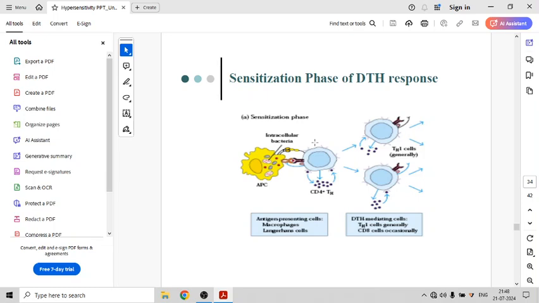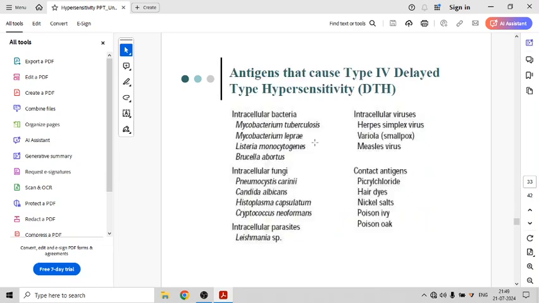The delayed type hypersensitivity reaction is also shown against intracellular pathogens. The intracellular pathogens such as Mycobacterium tuberculosis, Mycobacterium leprae, Listeria monocytogenes, and Brucella abortus are bacteria.